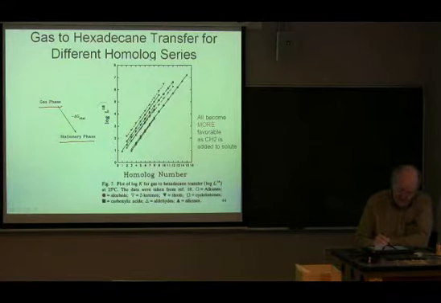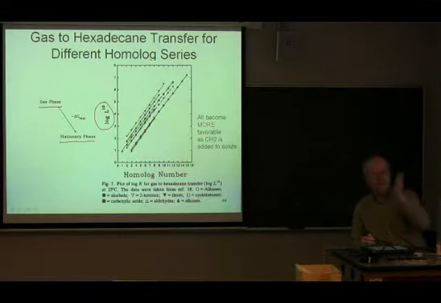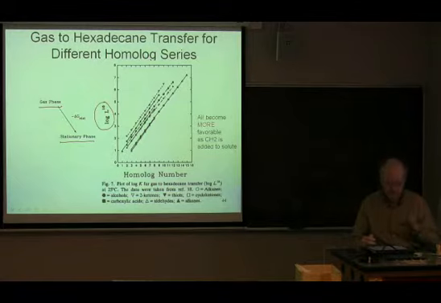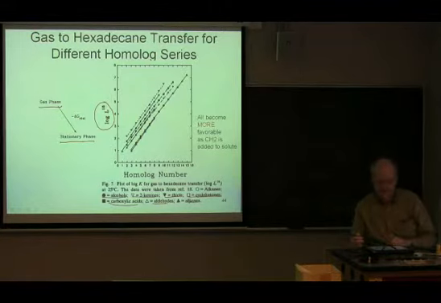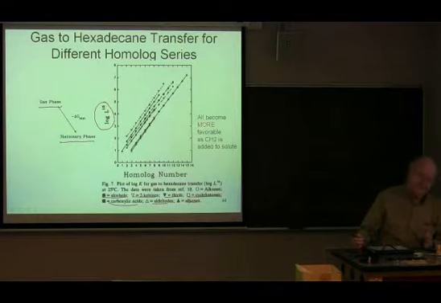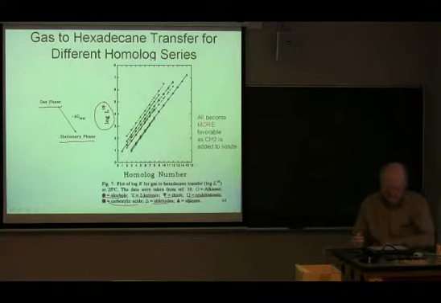And you can measure the logarithm of what we call the L16, which is the gas to C16 partition coefficient, for a whole bunch of compounds, just like Guillaume and Chapala did for reverse phase chromatography. And they're nice straight lines, and this is the Martin equation for gas chromatography into hexadecane. The slopes maybe aren't quite as parallel as we saw a minute ago, but let's not get picky about it.